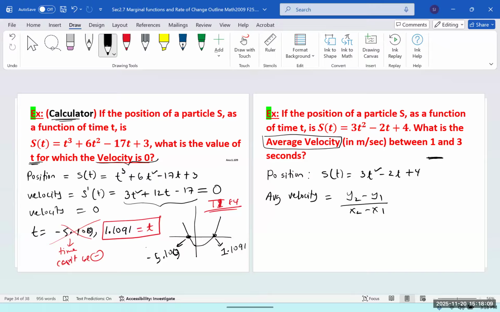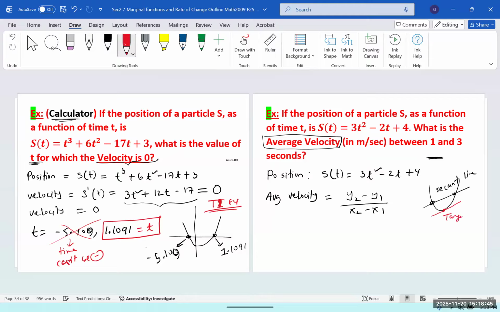Wait, what was that derivative? Slope of the tangent line. Average rate of change is the slope of the secant line. The difference between tangent and secant is that if you have a graph, the secant line goes through 2 points, but the tangent line goes through only 1 point.